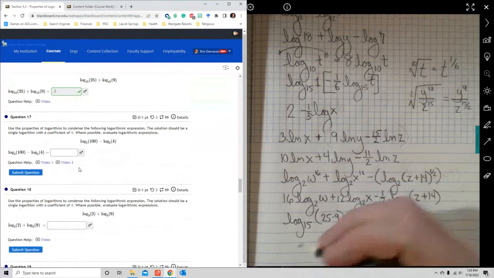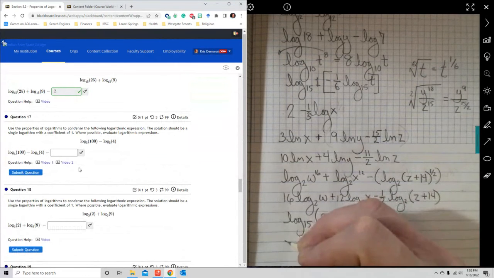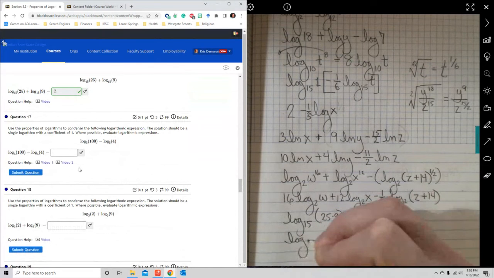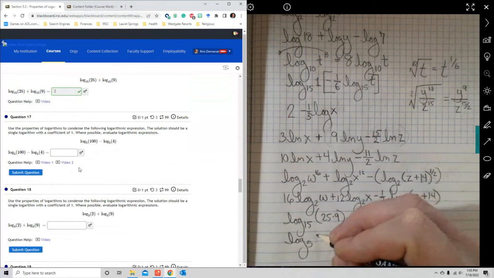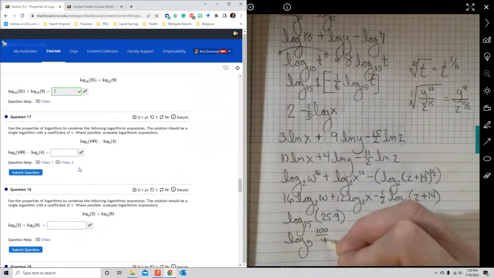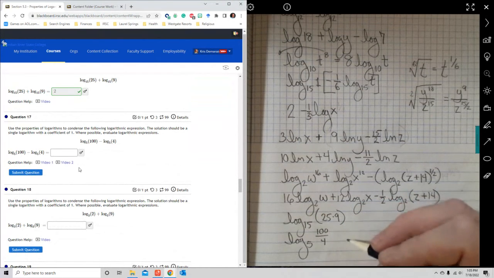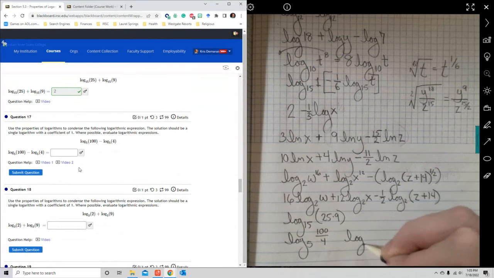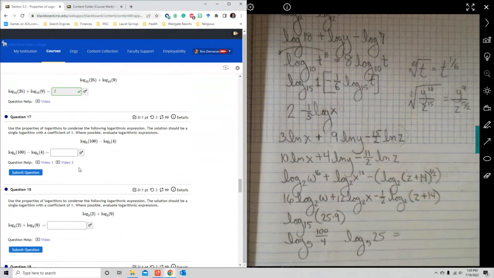All right, now you look at this next one, and they do log base 5 of 100 divided by 4, which is 25. Now that I know they're being a little jerky here, I'm going to make sure. I wasn't even paying attention to the numbers they were giving us.